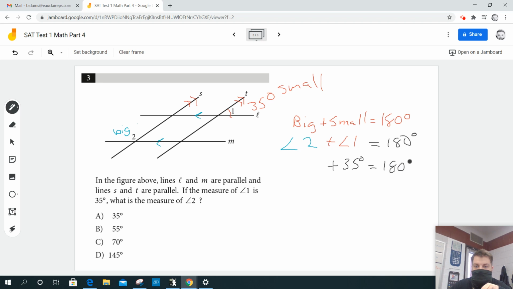And we don't know what angle 2 is, so we're going to solve by subtracting 35 degrees from both sides. So I get angle 2 is actually equal to 180 minus 35, which is 145 degrees.